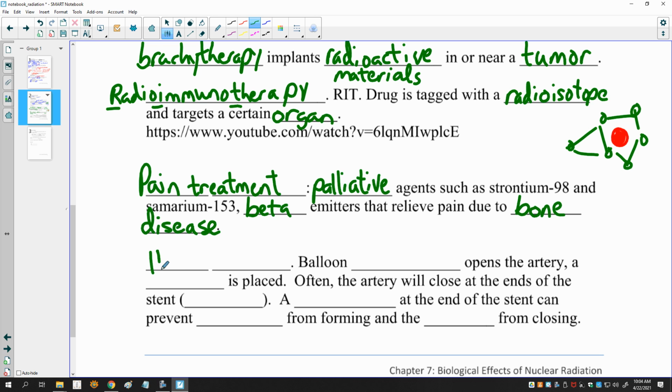And then finally, heart disease. We talked about in a previous chapter about balloon angioplasty. That's where you put a balloon into the artery and you inflate it so it opens up that artery. And then after you do that, you will place a stent inside of the artery.